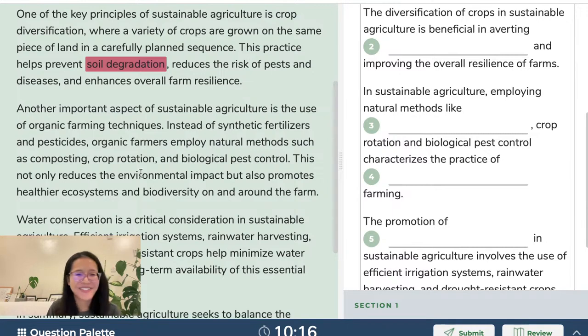Try your best not to. Okay. 1 minute has passed. Anyone has another answer? I think, okay, composting, we have another answer, composting.